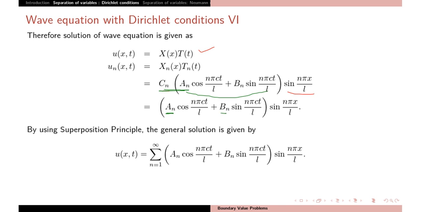You can write A_n dash and B_n dash if you want. Then by using the superposition principle, the sum from n equals 1 to infinity is also a solution. So now sum them up.